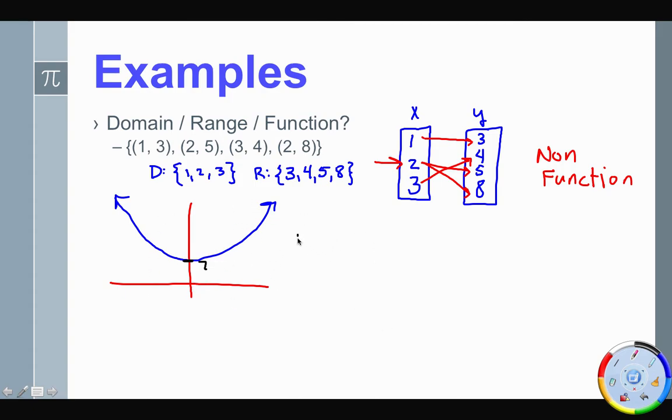So what would be our domain? Well, it's not going to be a list of numbers because there's infinitely many. In this particular case, there's x values. This arrow means it goes always to the right and always to the left, which means the domain is all numbers.